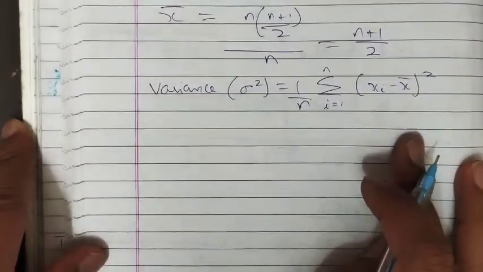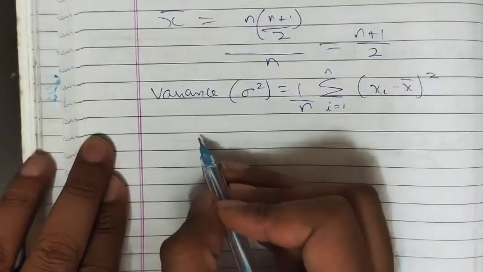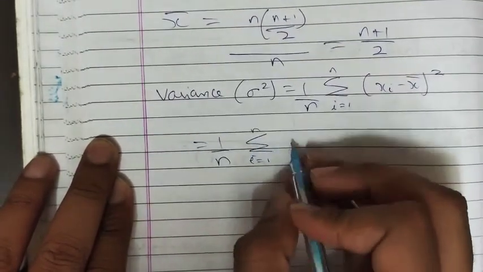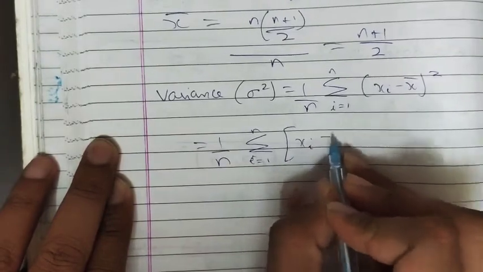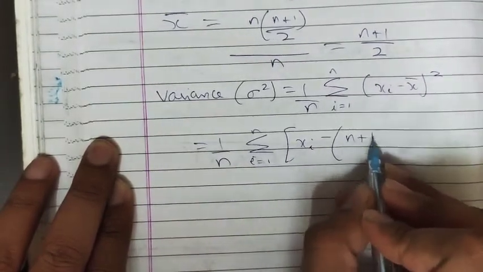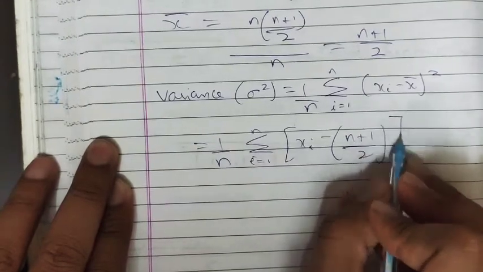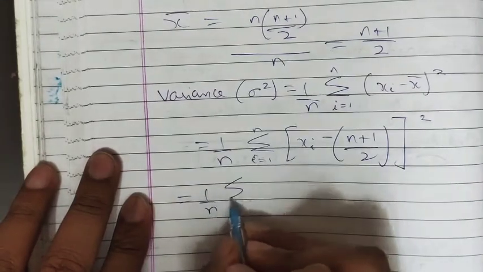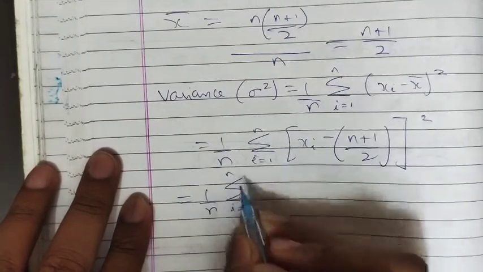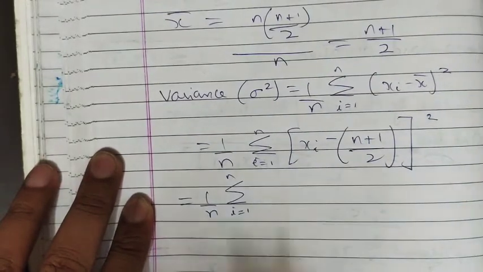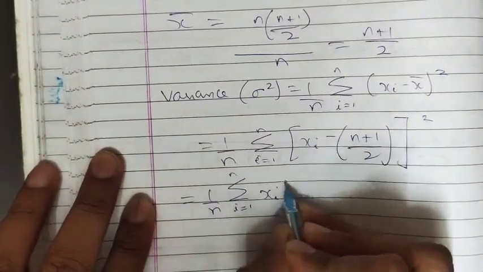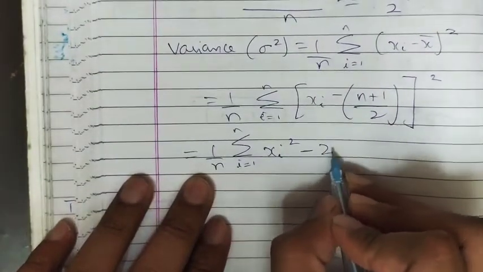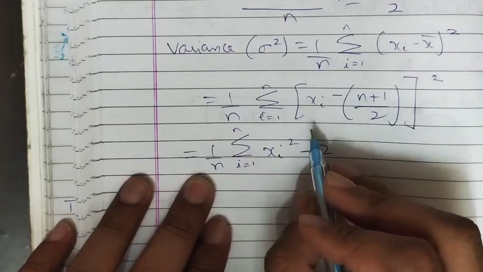Here x bar value is n plus 1 upon 2, so this is 1 upon n sigma i equal to 1 to n xi minus n plus 1 upon 2 whole square, which is a minus b whole square, a square plus b square minus 2ab.